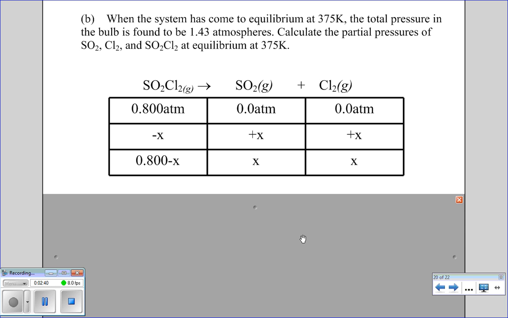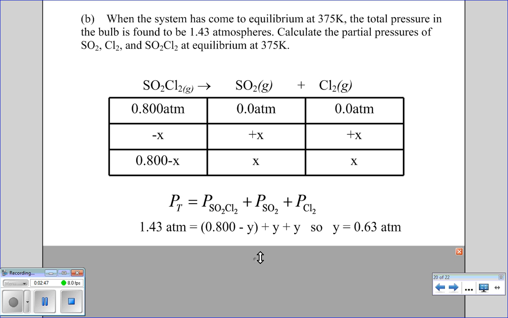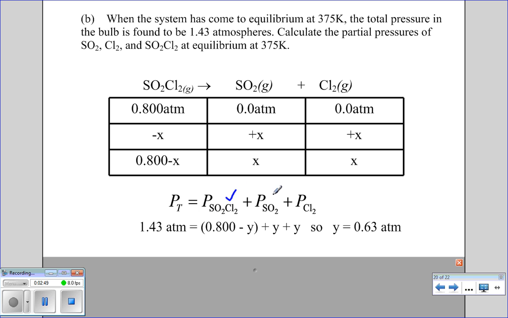Now, this is not using the equilibrium expression. We're just trying to find partial pressures. So the total pressure is the pressure of each one of them added together. And we know the total pressure is 1.43, so the pressure of sulfuryl chloride will be 0.8 minus y, and the pressure of sulfur dioxide and of chlorine gas will be the same.